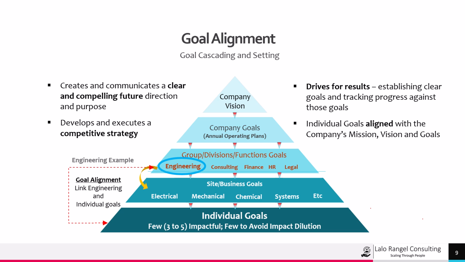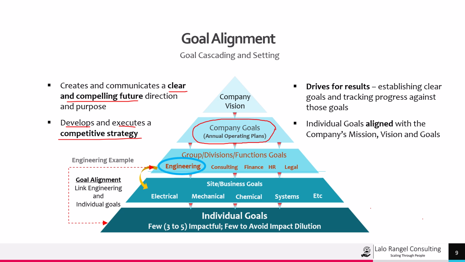Goal alignment helps create and communicate a clear and compelling future direction and purpose, not only of the organization, but also of each of the employees. Goal alignment helps develop and execute a competitive strategy that could be very well documented in the annual operating plan.